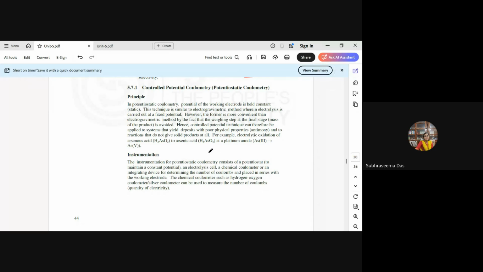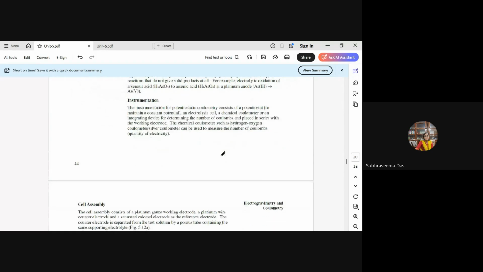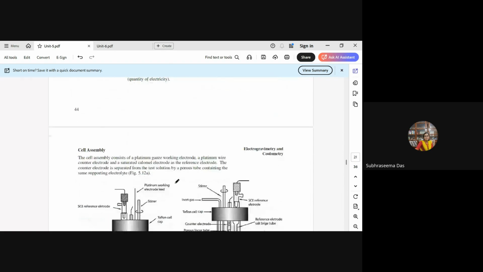The instrumentation consists of a potentiostat to maintain a constant potential, an electrolysis cell, and a chemical coulometer or an integrating device for determining the number of coulombs, placed in series with the working electrode. The chemical coulometer, such as a hydrogen-oxygen coulometer or silver coulometer, can be used to measure the number of coulombs.